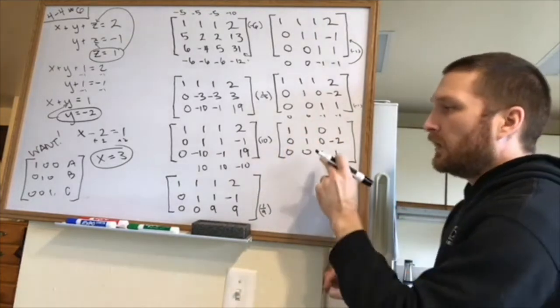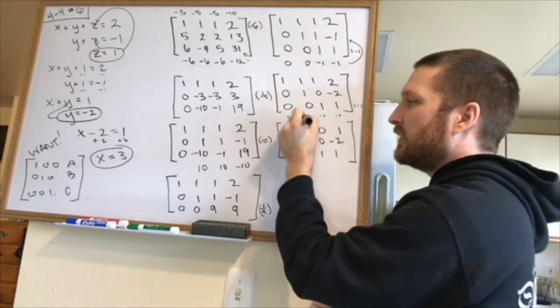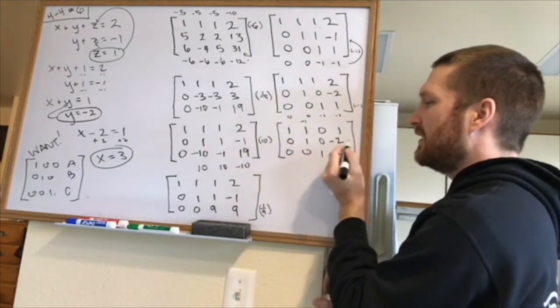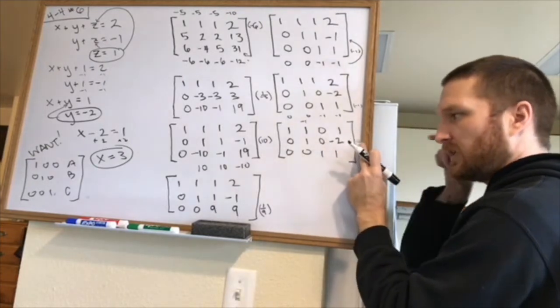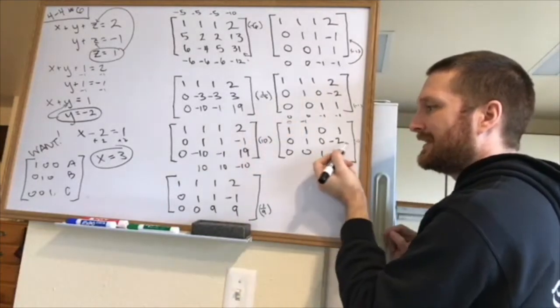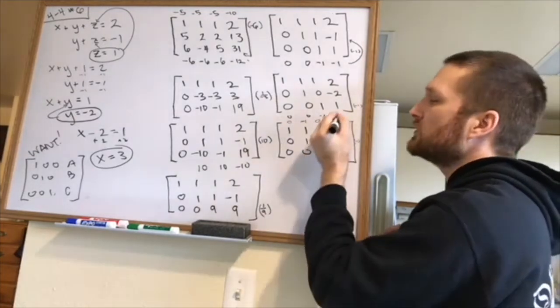So in order to do that, the only thing I could add to that to give me a 0 is a -1, which means I need to multiply that entire equation by -1. So when I do that, I get 0, -1, 0. -1 times -2 is a +2.